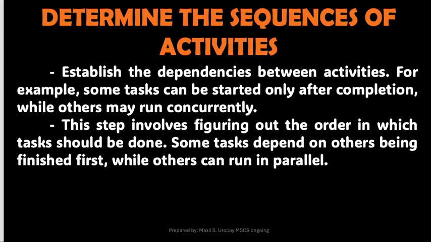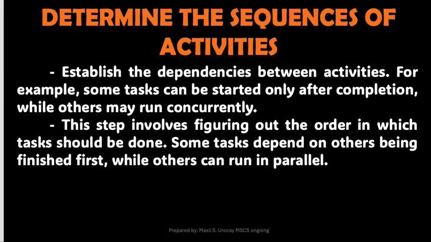Then, determine the sequence of activities and establish the dependencies between activities. For example, some tasks can be started only after completion of others, while others may run concurrently. So that is somewhat basic. This step involves figuring out the order in which tasks should be done.